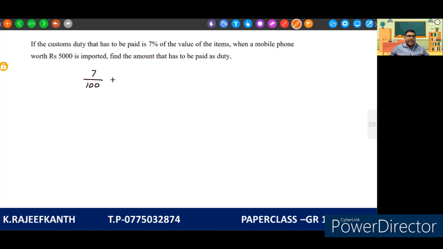Here the worth is 5,000. So we can divide by 100, then 1. Here we can cut 2 zeros. Then 50 times 7, then 350 rupees. Then the duty is rupees 350. Then next one.